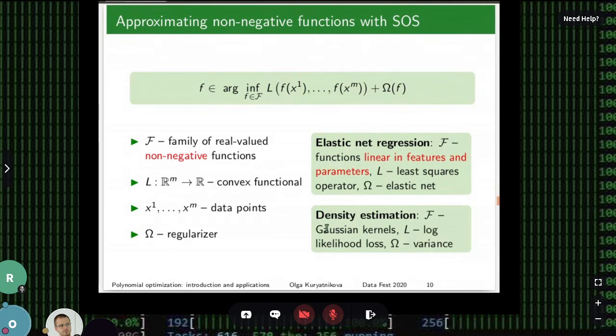So what people use is, for example, kernels. And then they assume that the initial function is a kernel, and then they choose the functional which has to be minimized, for example, log likelihood loss, and a certain restriction on what type of a distribution we want reflected in omega.